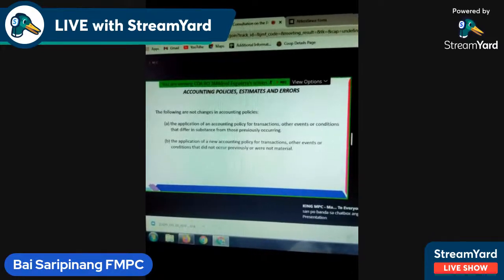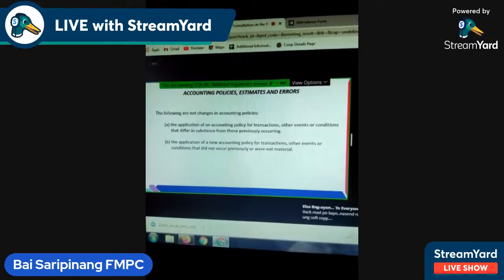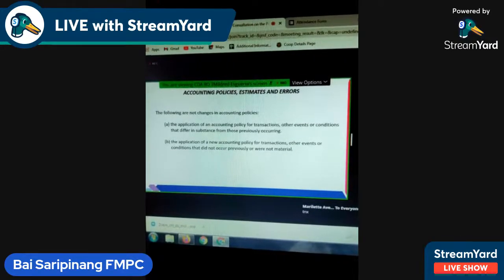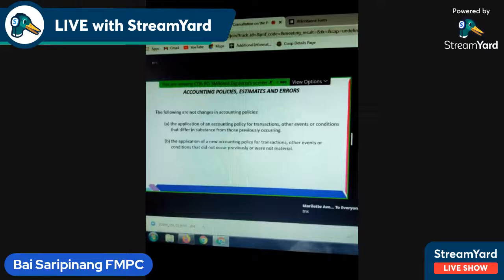So, ito po, the following are not changes in accounting policies. It's just as a reminder and in conclusion of the framework, these are not changes in accounting policies. Ano ba yun? The application of an accounting policy for transactions, other events or conditions that differ in substance from those previously occurring.